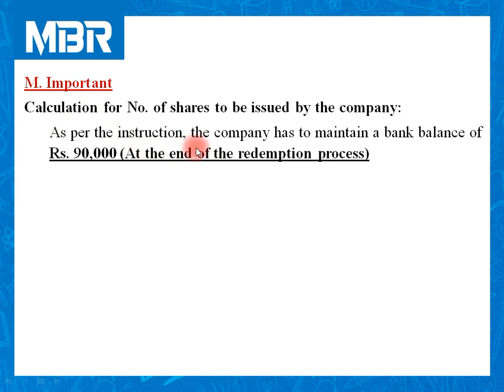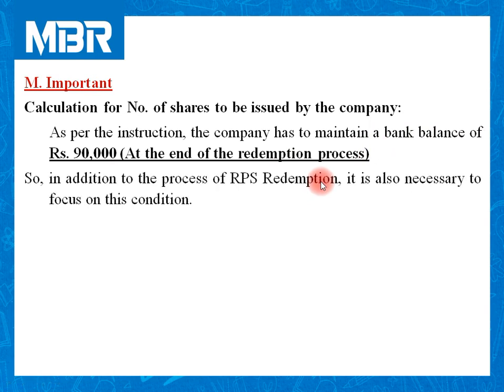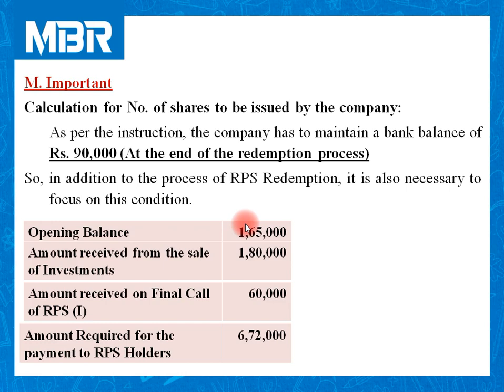As per the information available to us in the additional part, we need to maintain a bank balance of rupees 90,000 at the end of the redemption process. It means apart from the process of RPS redemption, we need to follow the condition of maintaining rupees 90,000 in the bank account. Let us calculate receipts and payment.